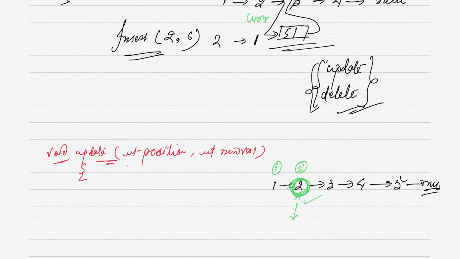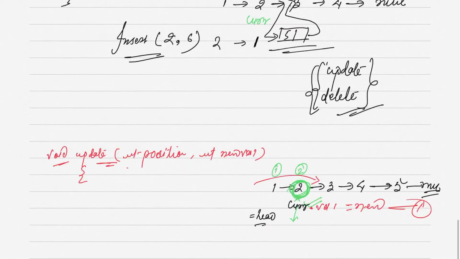I will declare one current equal to head, and move this current until the position becomes 1. As soon as we find this current node, I will set current dot value equal to new value. This is one line of code.